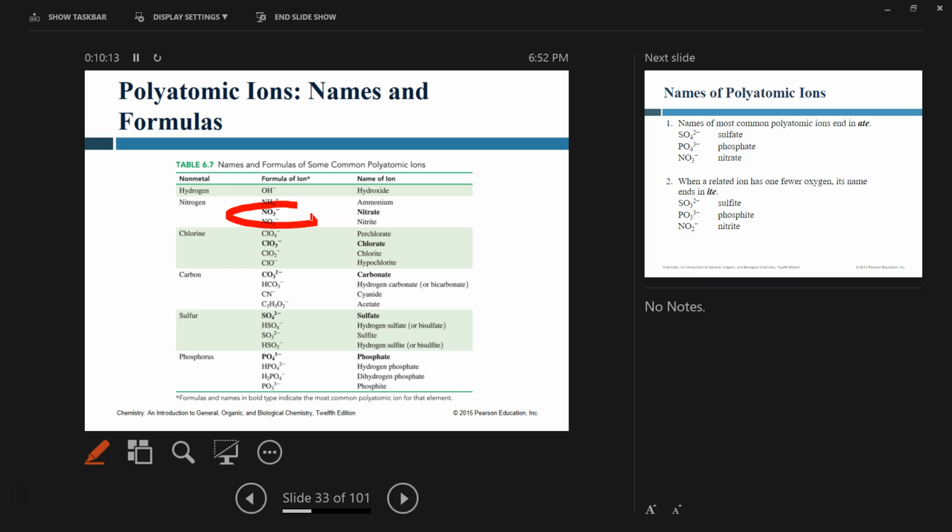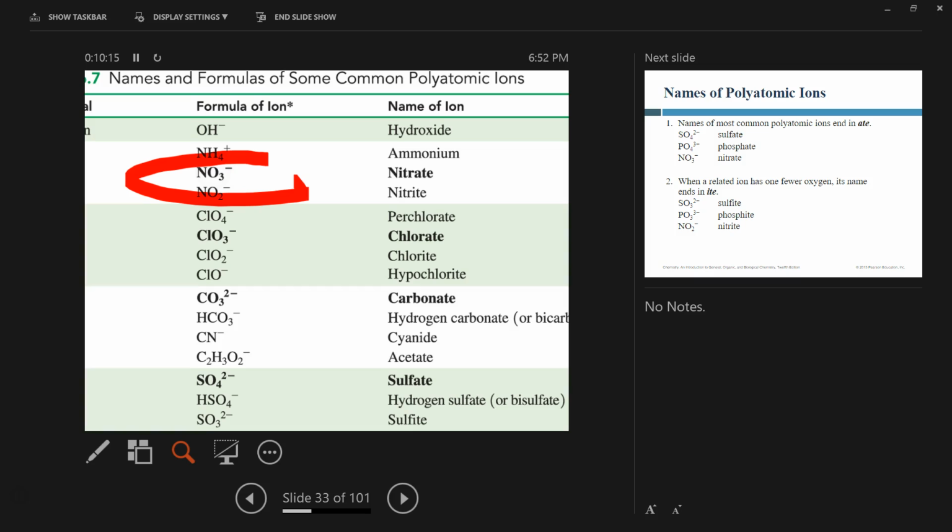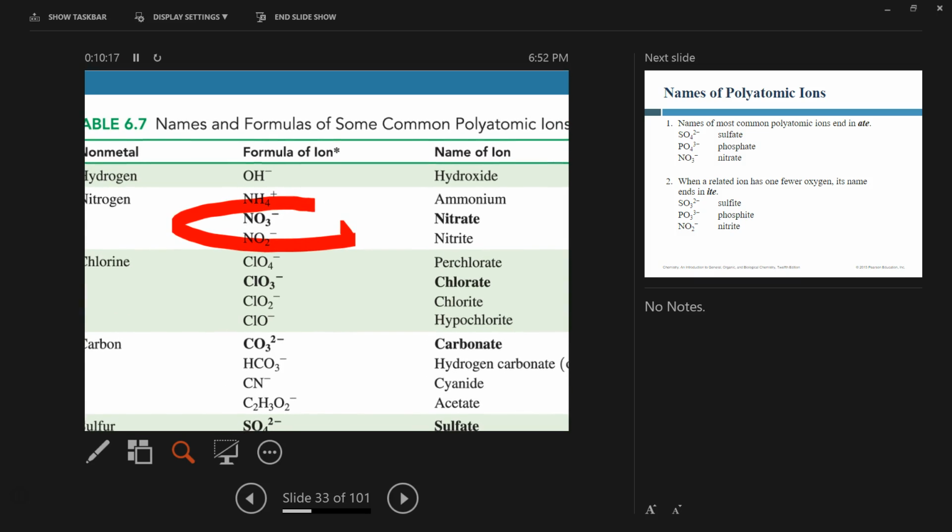This writing right here, NO3 minus, do you see that? That I kind of circled around. It means that the whole entity, 1 atom of nitrogen plus 3 atoms of oxygen, this whole particle has a charge of -1.